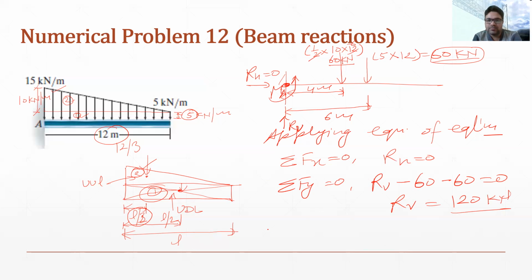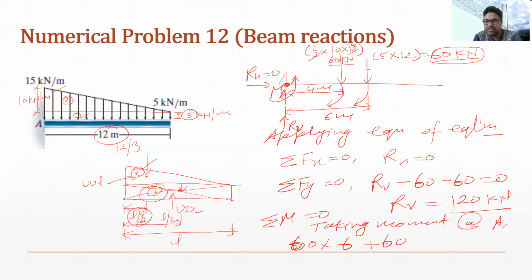Now we have to find the moment MA. For that we will use the third equation, summation of M equals 0, taking moment about A. You can see this load will be rotating like this, so 60 into 6 is positive, plus this load will also be rotating like this about point A, so this will be 60 multiplied by 4.